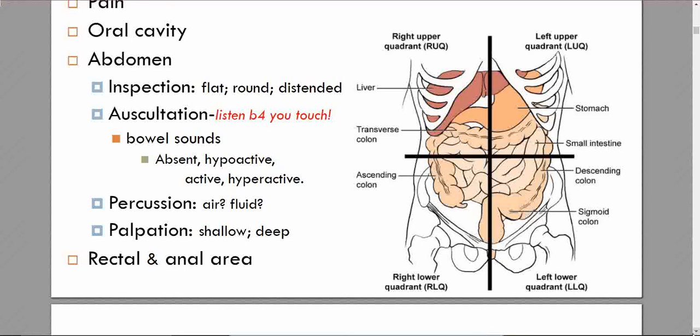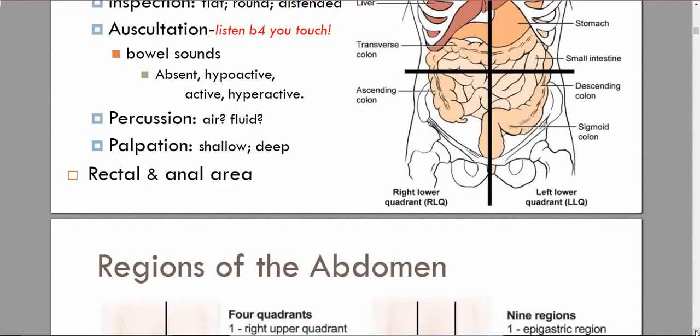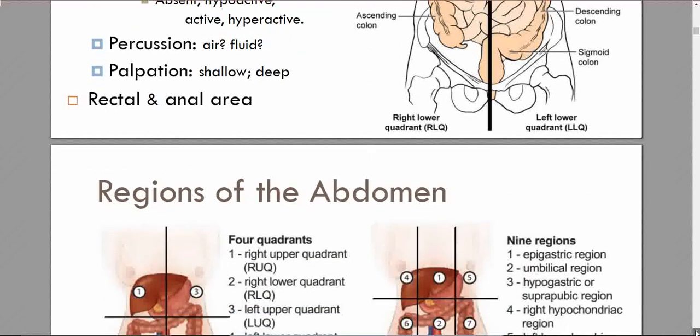Then go to deep palpation, and ensure that you note the structural orientation of the abdominal organs, the size of the spleen, the size of the stomach, and the intestine, if they are in any way herniated. Then you go to the rectal and anal areas.